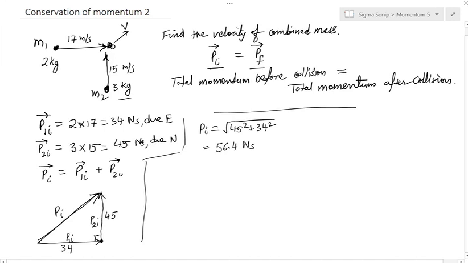That's the length, but we also need to find the direction. So I'm going to say that this angle is theta, and I need to find theta. Theta equals tan inverse of 45 over 34, which gives me an angle of 52.93 degrees.